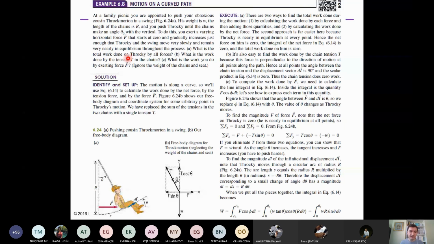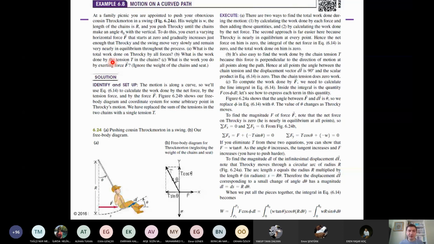So here there is a chain and there's a tension force applied by this chain on this guy. What is the work done by tension T in the chains? What is the work you do by exerting force F? So you apply force in this direction to the right side. So what is the magnitude of the work and what is the sign of the work you do on this guy?